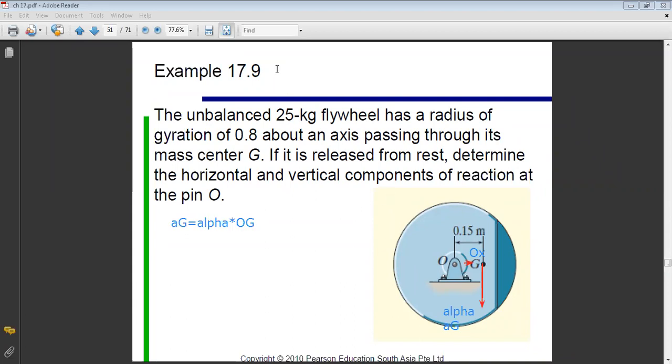AG is always... Guys, the AG I wrote here, is it the total acceleration or what?